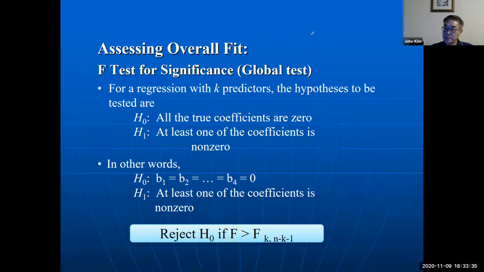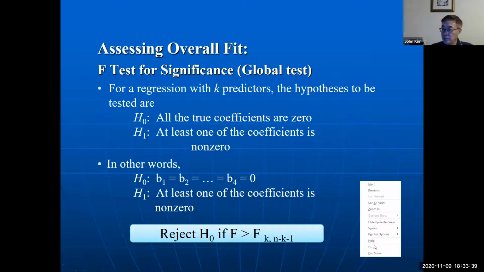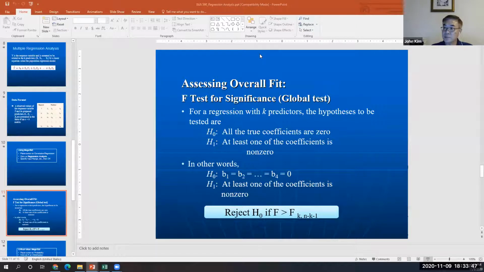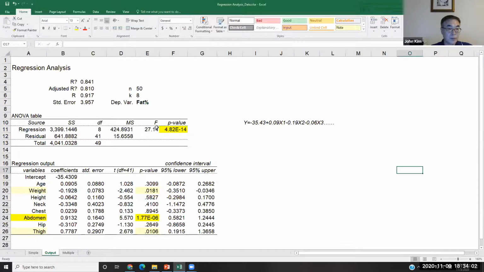Let's see. From the output we did, here is the ANOVA table. I will highlight this one.